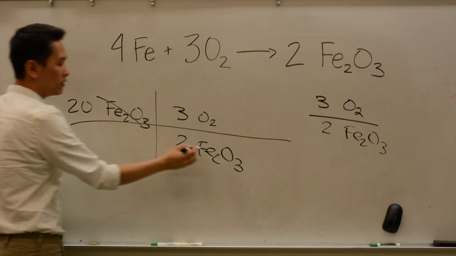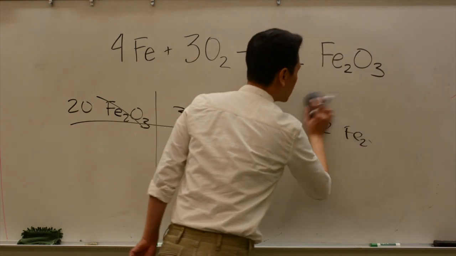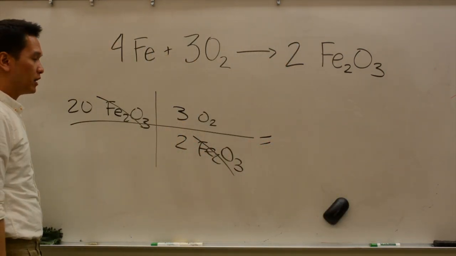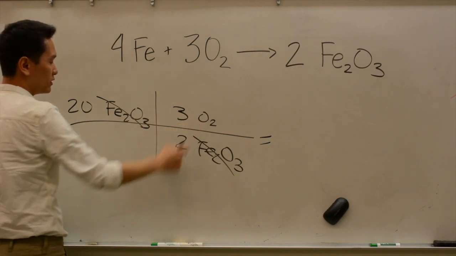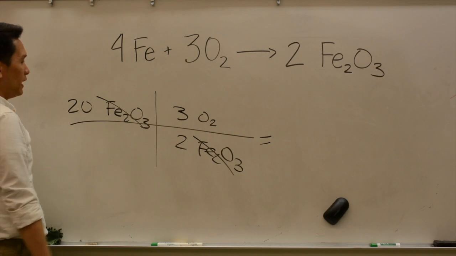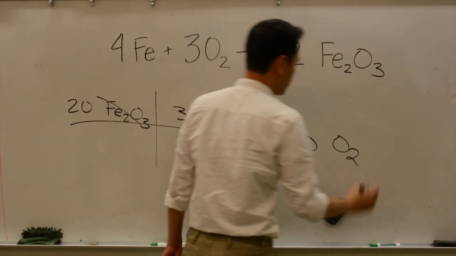Notice that iron oxide goes away, giving you how much oxygen you need. So that's 20 times 3 divided by 2, which is 30 oxygens.